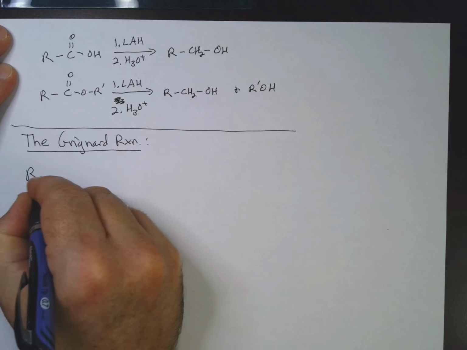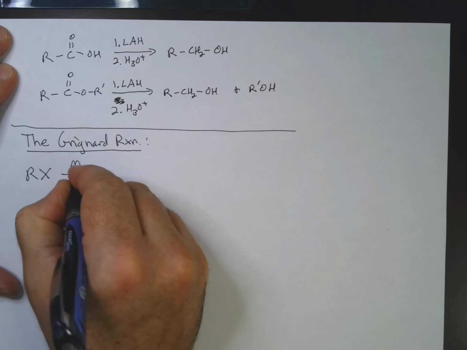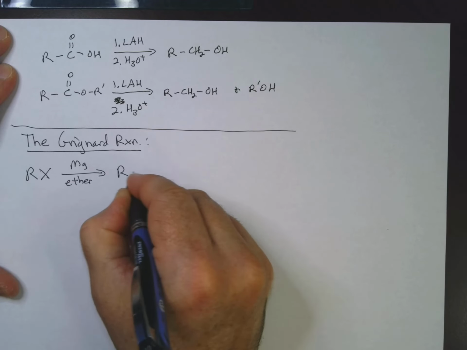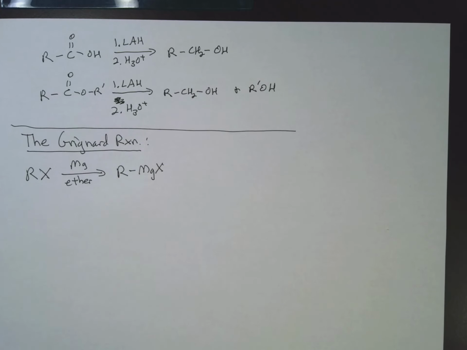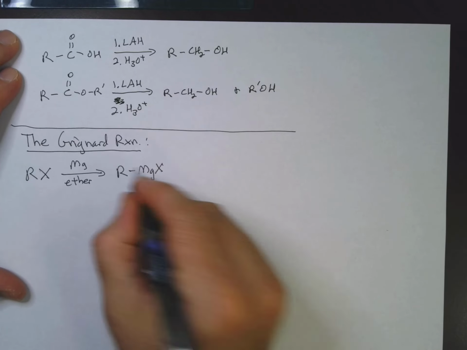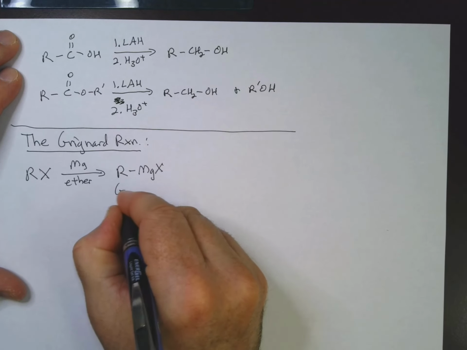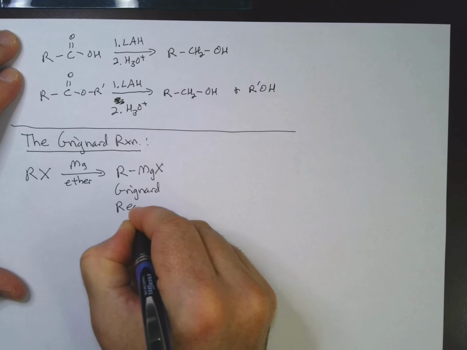If we have some kind of halide and treat it with magnesium in ether, we'll get RMgX. Magnesium inserts in between the halogen and the alkyl chain. This is a Grignard reagent.